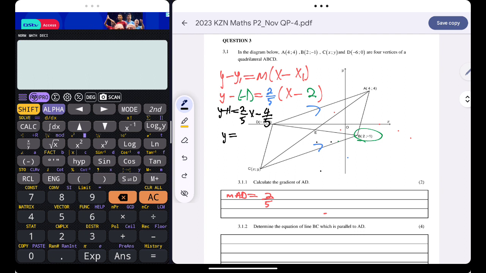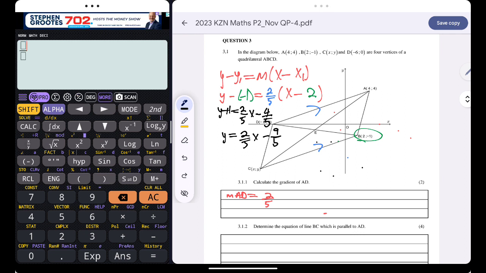Y is equal to 2 over 5x minus, whenever I subtract 1, negative 4 over 5 minus 1, I'll get negative 9 over 5. Let me confirm.